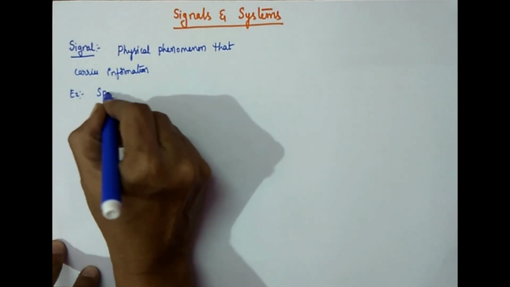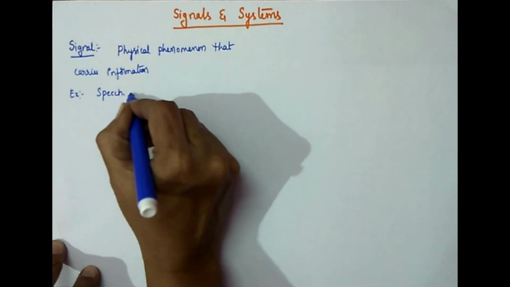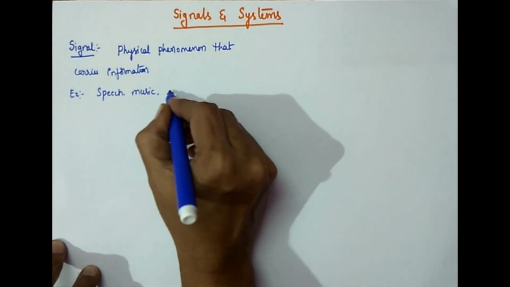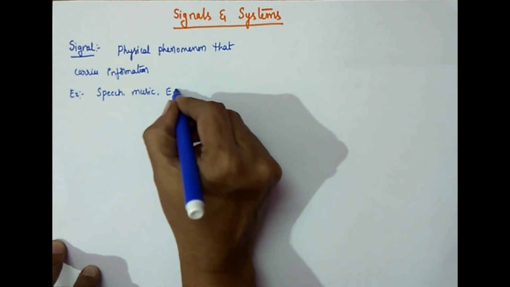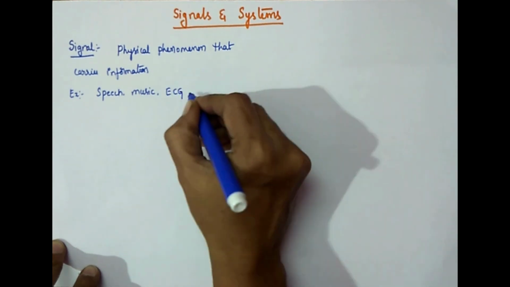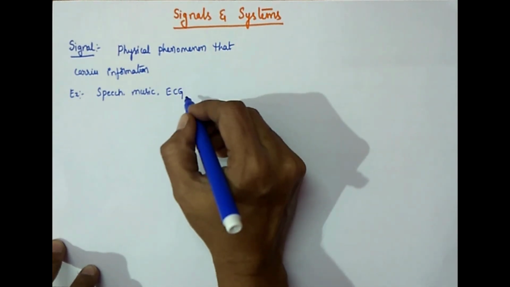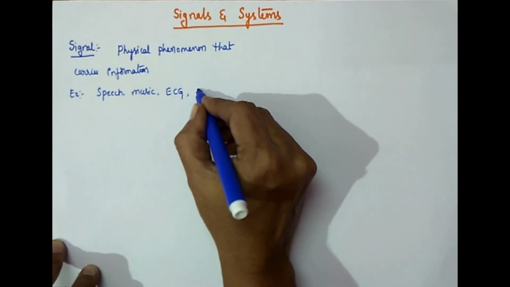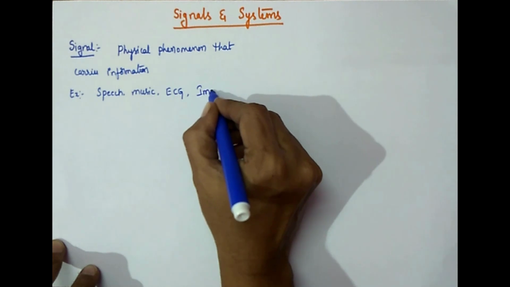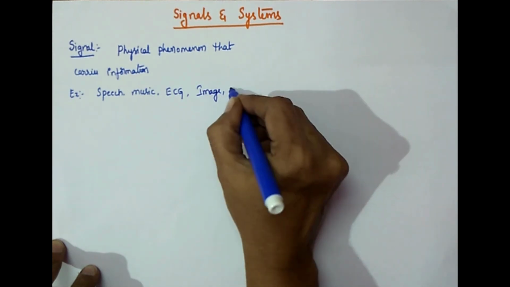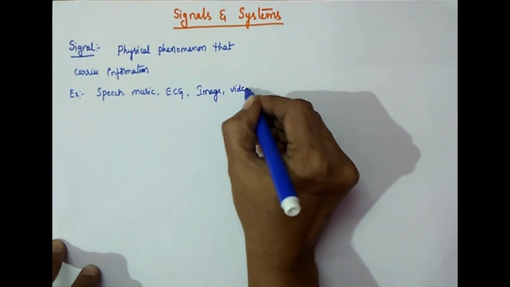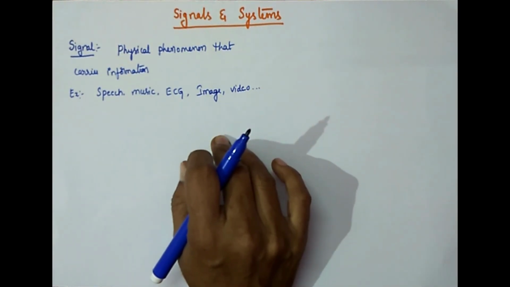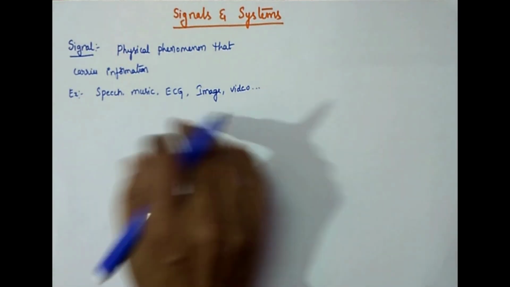Our speech signal, music signal, ECG, electrocardiograph, which is related to the heart, then image or photo, video, etc. All these are examples of signals.